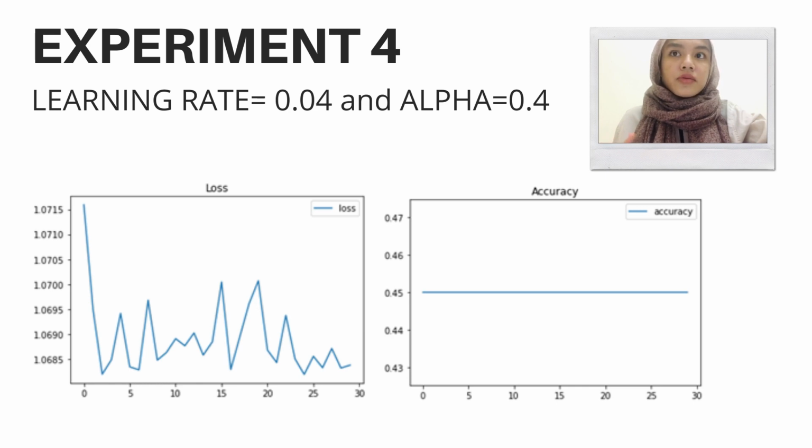There's not much difference between experiment 4 and experiment 3. And I think the best model through all these 4 experiments is experiment 2, where we can see that it has low loss and higher accuracy.